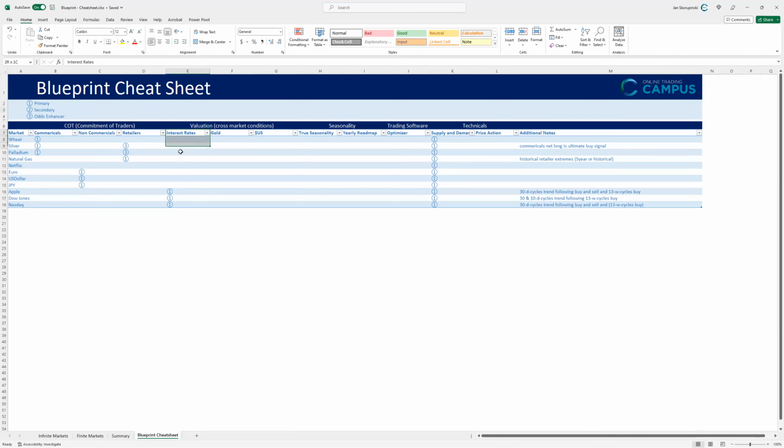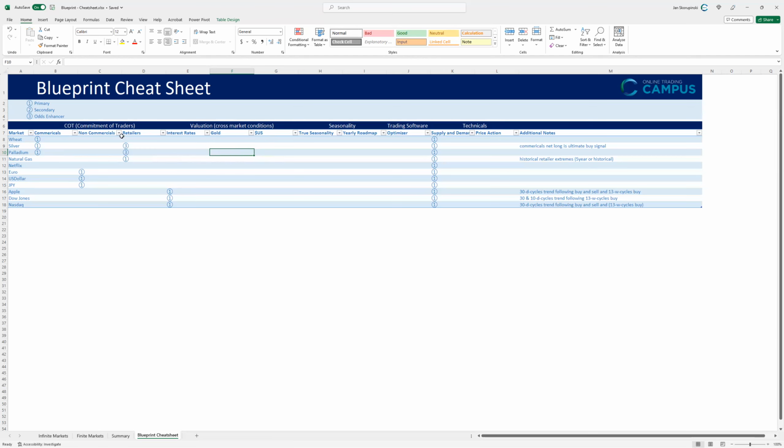Because now interest rates or valuation, as we look at gold, for example, could now be a secondary setup tool for palladium, right? So we can look at the commercials, but we can also look at gold as a cross-market condition to value palladium.